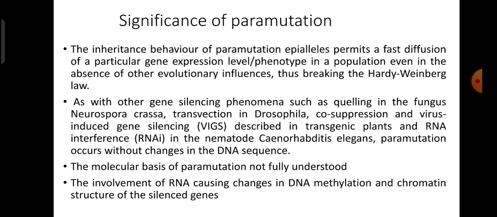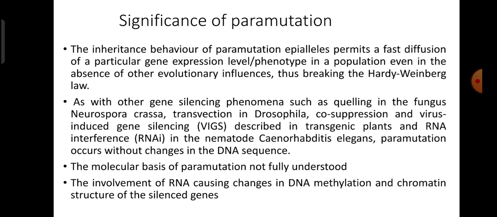In a random mating population, there won't be any changes when natural factors like mutation, migration, random genetic drift and selection are absent. Okay, so this is the deviation from Hardy-Weinberg law, and you know that Hardy-Weinberg works on the population, meaning it is a principle applicable at population level.